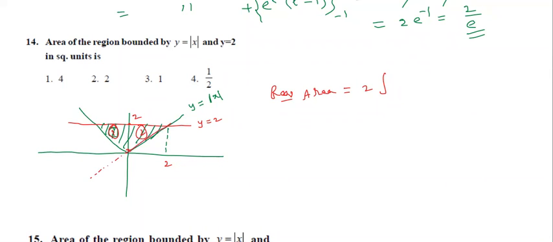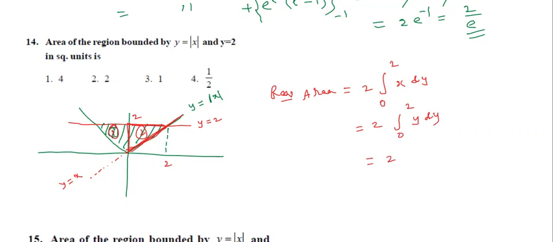So finally, this line I am going to consider: y is equal to x. Now 0 to 2 x dy, I am taking x dy because this is the area I am going to find. 0 to 2 x dy, x means y only, so y dy.